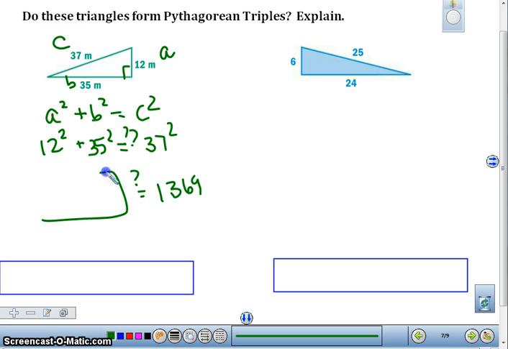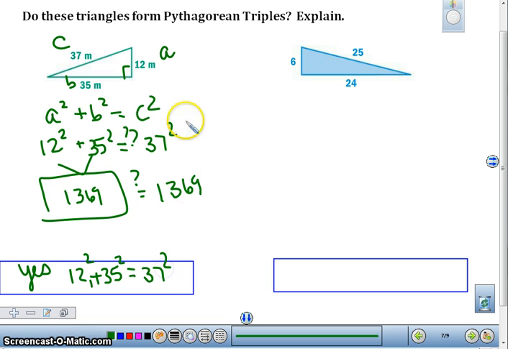And if you put the other in your calculator, 12 squared plus 35 squared, you do get that same answer. So is this one a Pythagorean triple? We are going to say yes. 12 squared plus 35 squared does equal 37 squared. And your explanation is simply just putting that it worked, right?